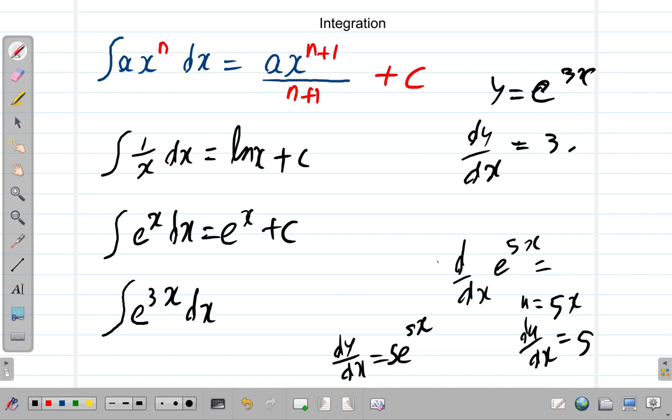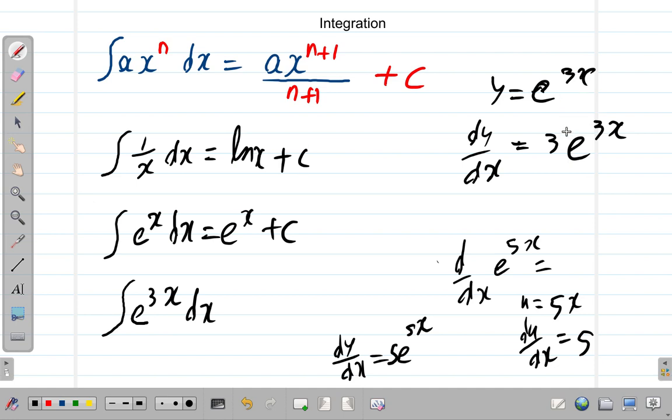It would be 3e to the 3x. Just like how when you differentiate e to the 5x, you get 5e to the 5x. When you differentiate e to the 3x, you get 3e to the 3x. Alright. But then, if you integrate this, what you would get is not really e to the 3x.